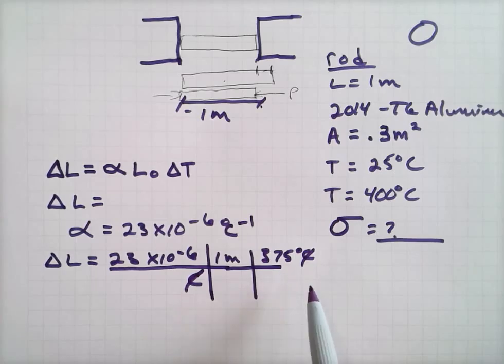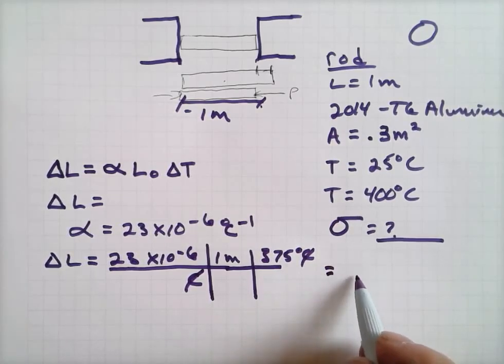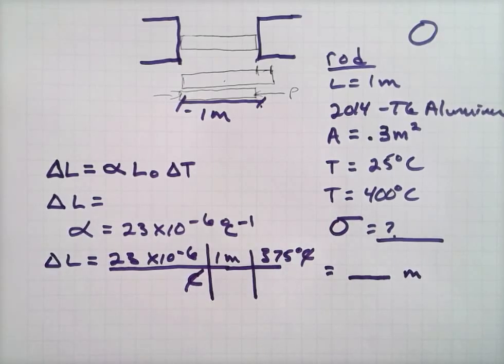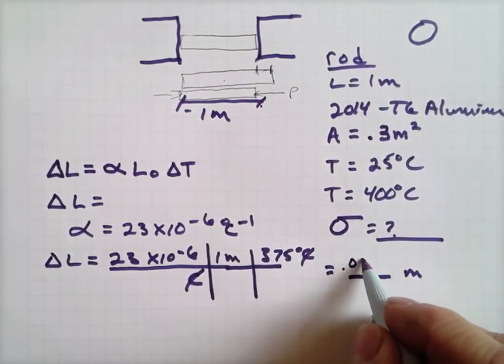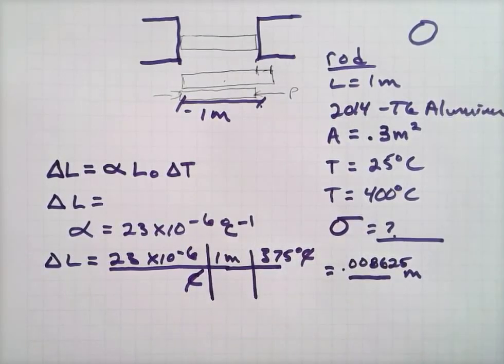We're going to get an answer in meters. 23 times 10 to the negative 6 times 1 times 375 equals 0.008625 meters. Now that tells us how much longer it wanted to get.